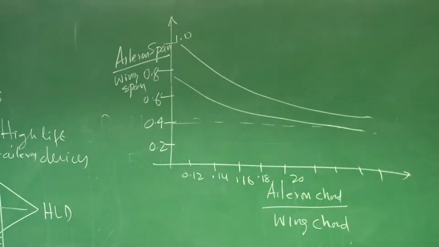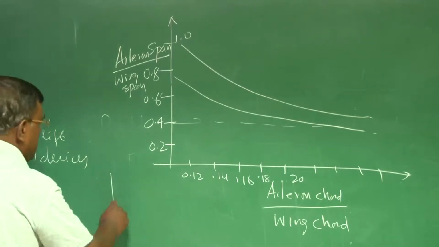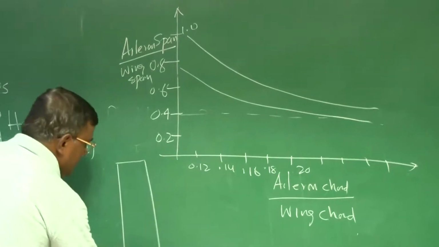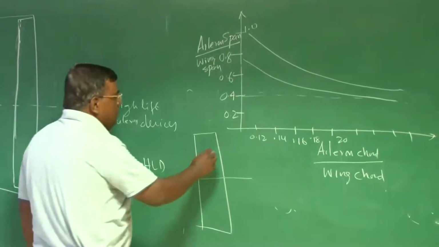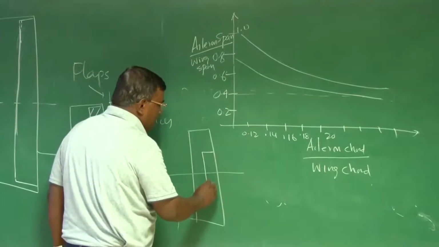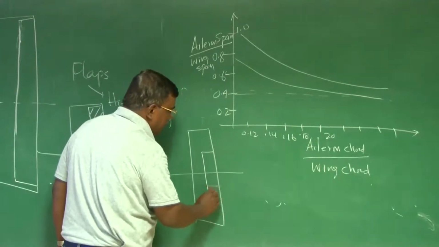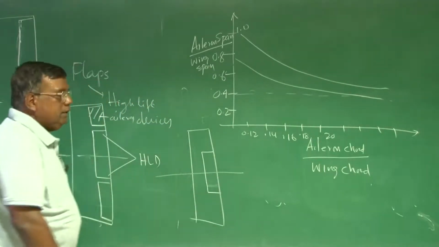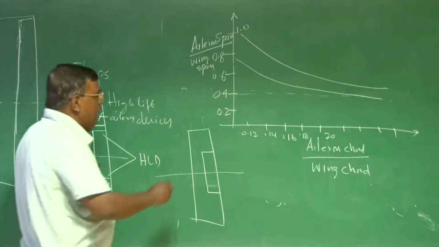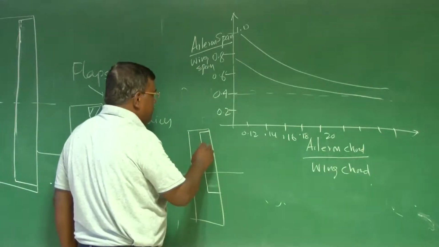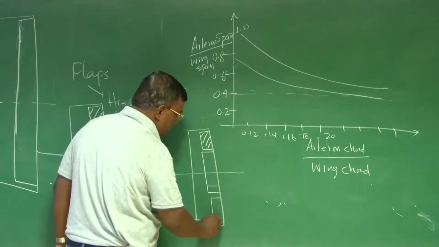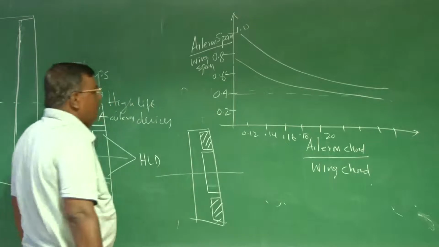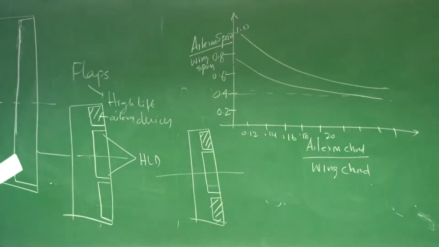Here, what we were looking for is how do I size my aileron? If this is the wing, one thing I decide first is what should be the flap space to be kept. Once that is done, you have got this much space for the aileron. Okay?